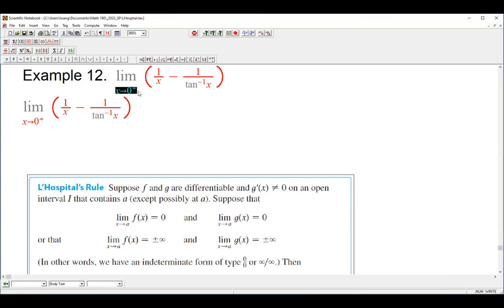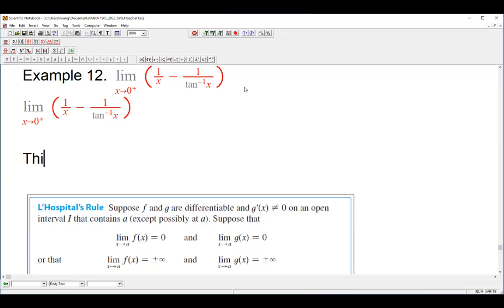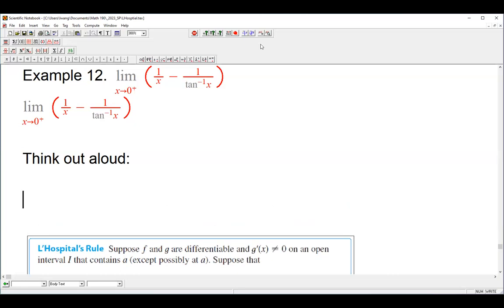As x is approaching 0 from larger than 0, 1 over x approaches positive infinity. How about this one? Arctangent x is actually defined on all real numbers. Okay, let's think out aloud. What kind of situation do we have here?